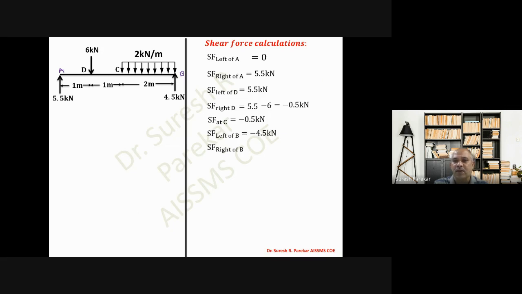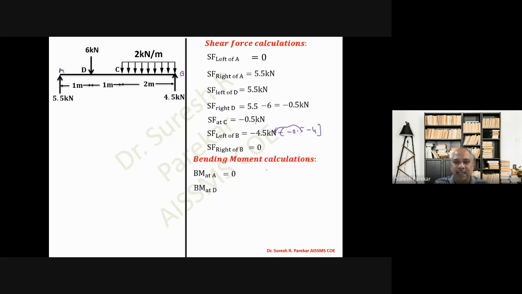Left of B we have, if we solve this, minus 0.5 minus 4, and then we will get it as minus 4.5 kilonewton, and right of B 0.